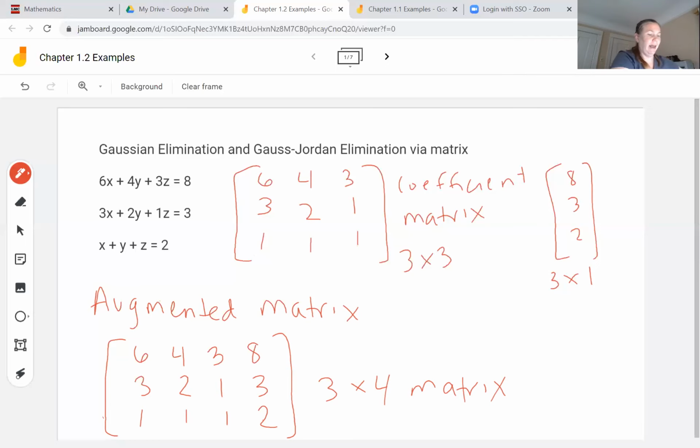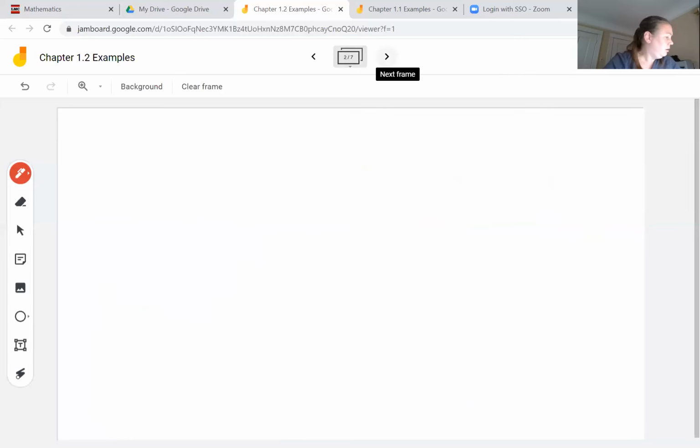So let's take a look at how we can use this matrix form for Gaussian elimination. The reason that we like matrices is they're a little bit more efficient. So let's start with our augmented matrix. I'll recopy it: 6, 4, 3, 8. Sometimes folks put a little dashed line here between the coefficients and the solutions.